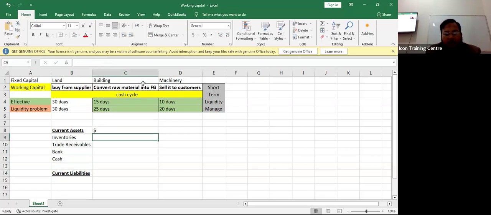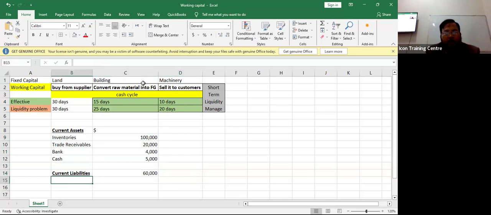So let's suppose we have inventory 100,000, receivables 20,000, bank let's say 4,000, cash let's say 5,000, and current liabilities let's say 60,000.